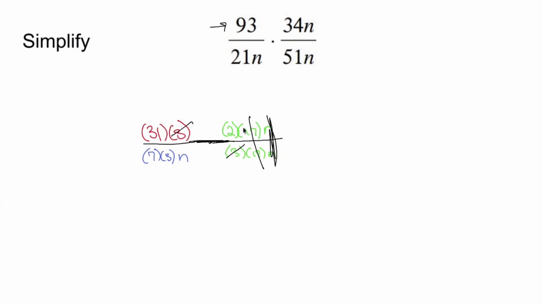What that leaves us with upstairs is 31 times 2, and downstairs is 7 times 3 times n. So at the end of the day, we get 31 times 2, which is 62, over 7 times 3, which is 21, n.